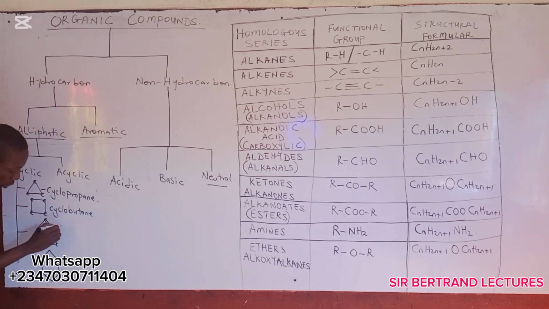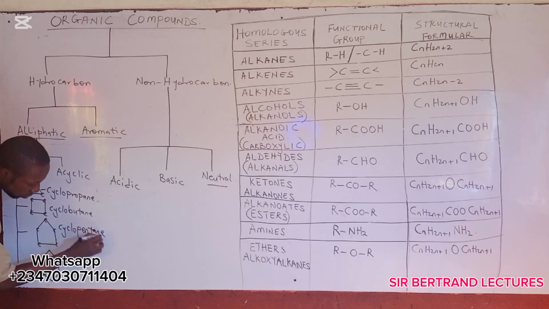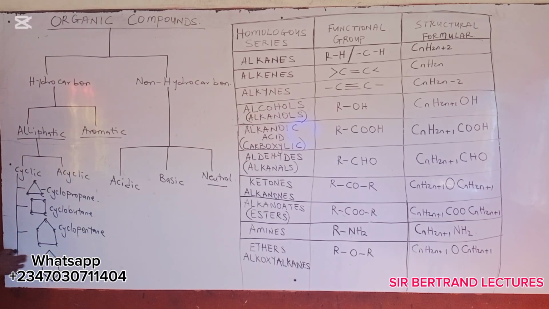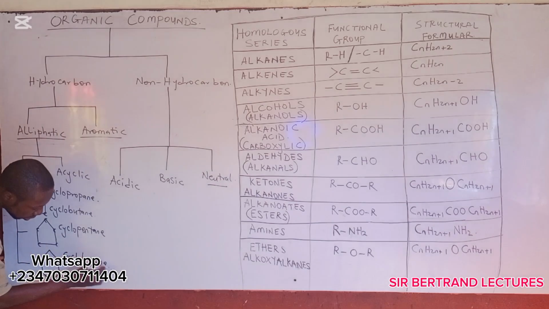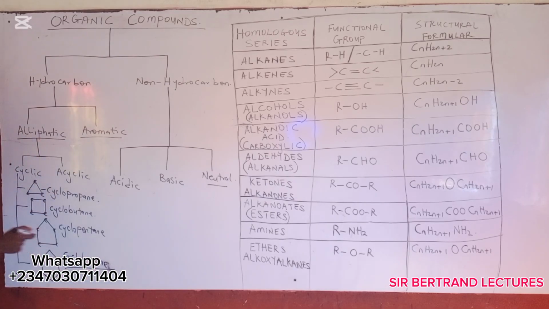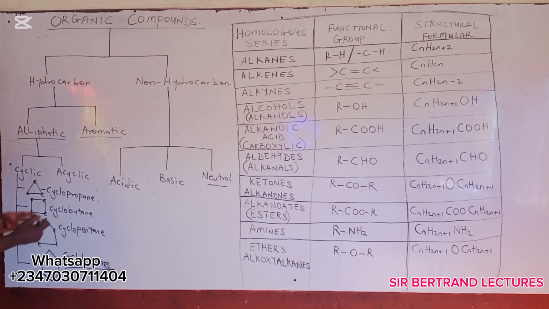So here becomes cyclopentane. Do you understand? This one has the shape of benzene, but there is no double bond, so this is a saturated hydrocarbon under cyclic aliphatic hydrocarbon. The name becomes cyclohexane.